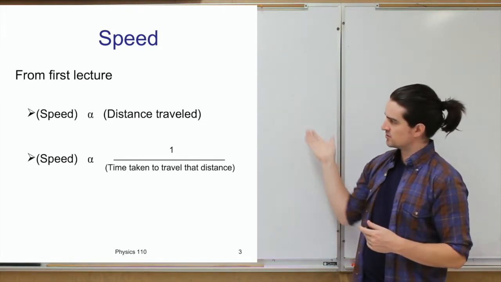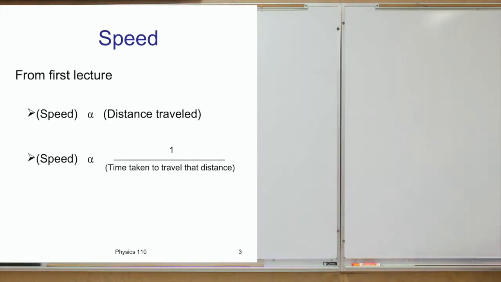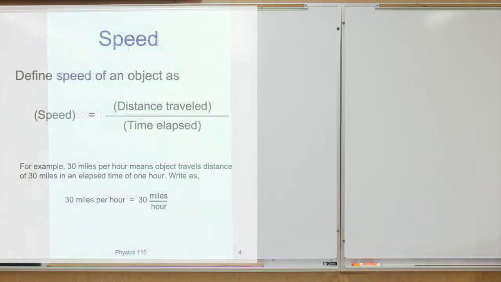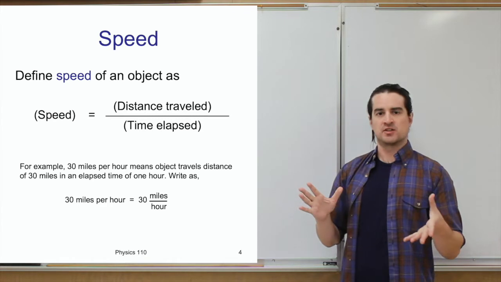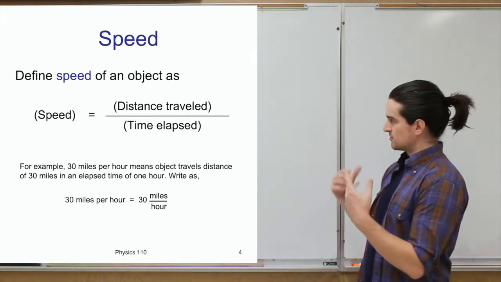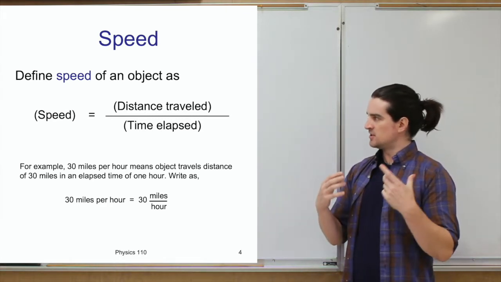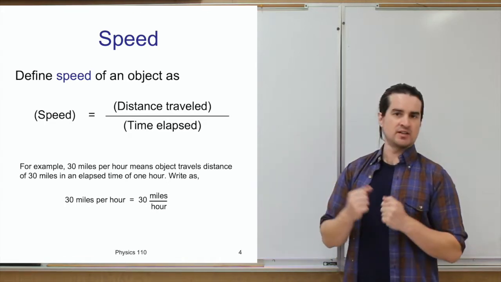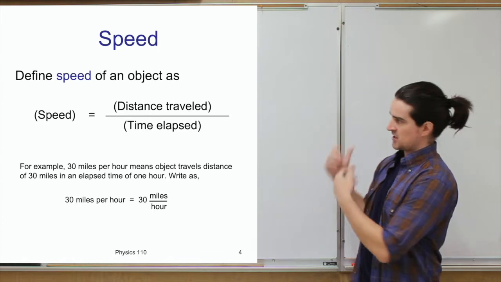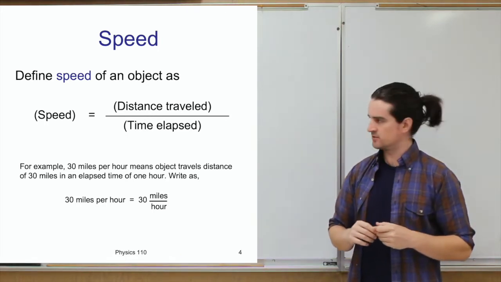So proportional relationship, inversely proportional relationship. And in fact, we define speed as just these two things. Right? So speed is explicitly the distance an object travels divided by the time that it took to travel that distance, or the time elapsed as it traveled that distance.